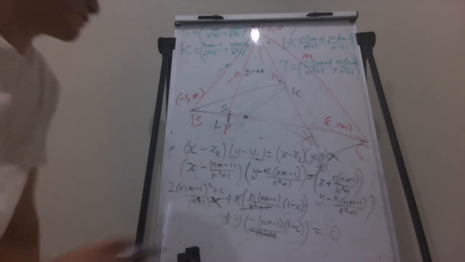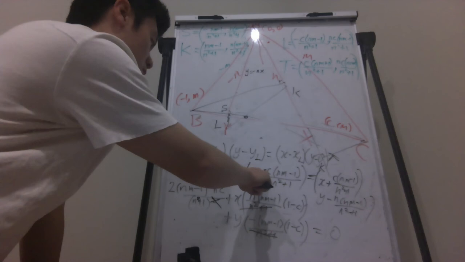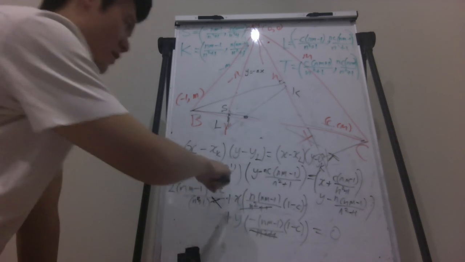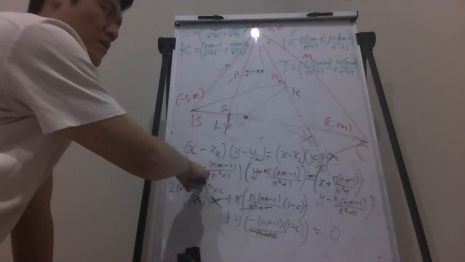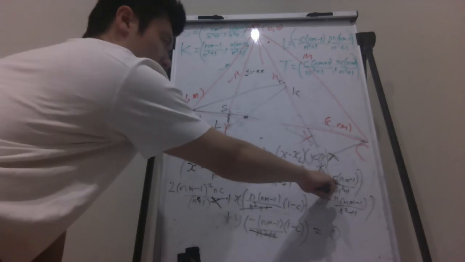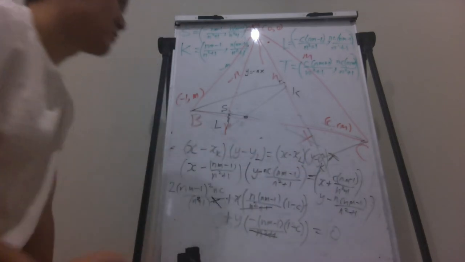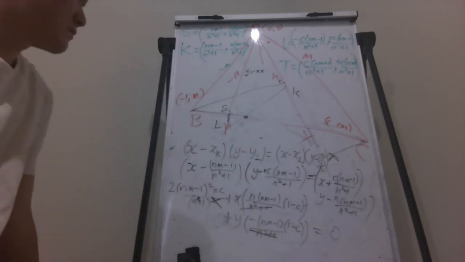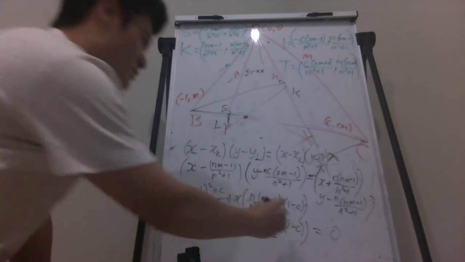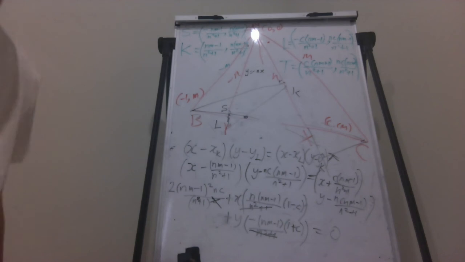Something went wrong here. So the coefficient of y, right, is this number here minus this number here, right? So this should be plus c. Yes?